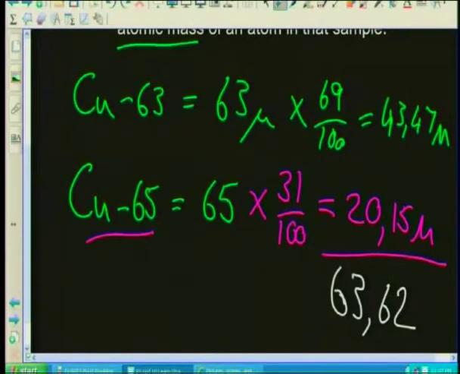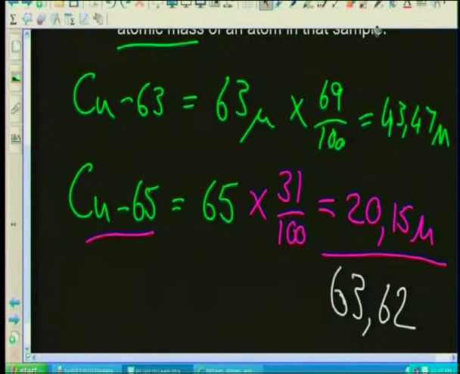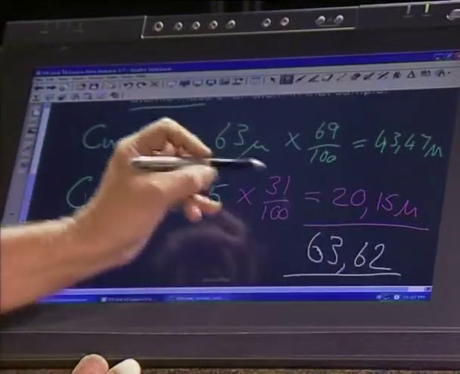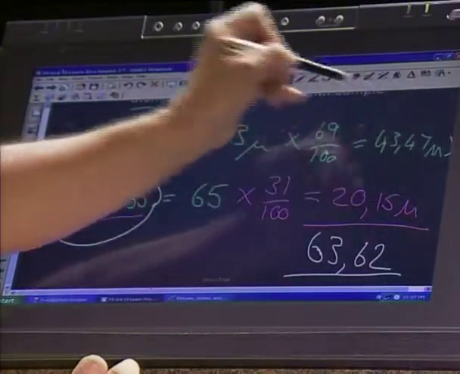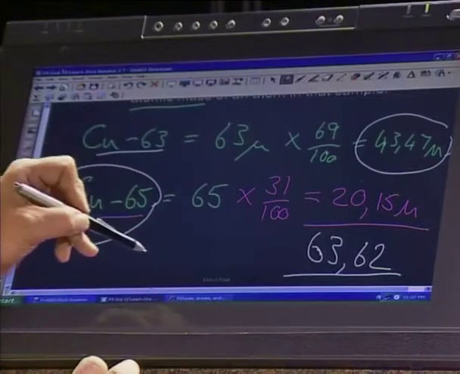63,62. Check your answer. That's it, 63,62, and we're all cool with that. Here, what I want you to see is that's the average mass of the contribution. This is the part that the 65 is contributing. This is the part that the 63 isotope is introducing.